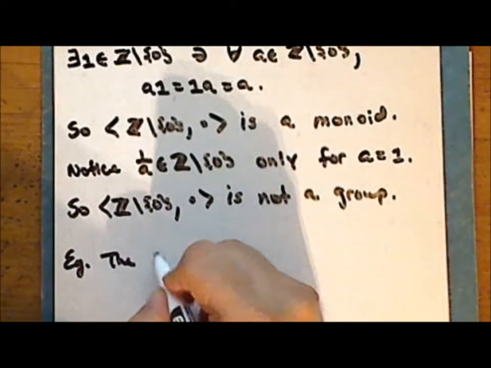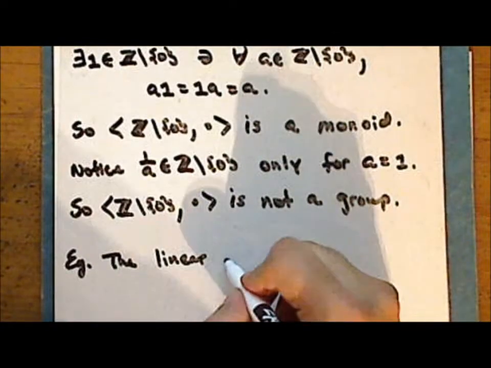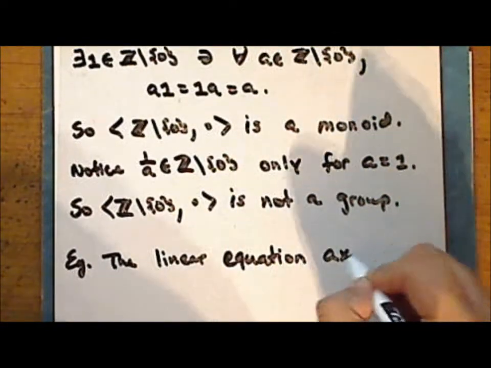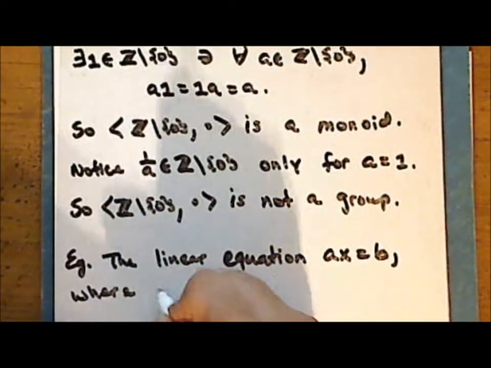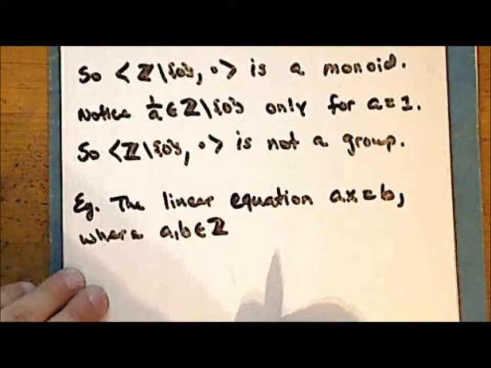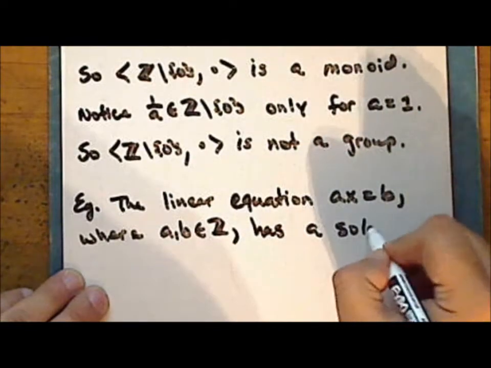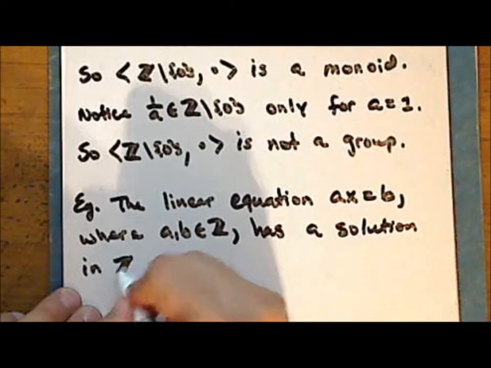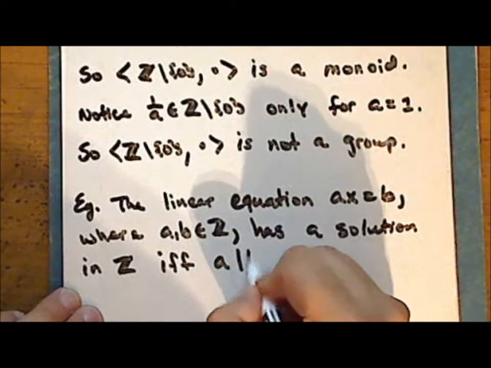So the linear equation a times x equals b, where a and b are integers, has a solution in the set of integers if and only if a divides b.